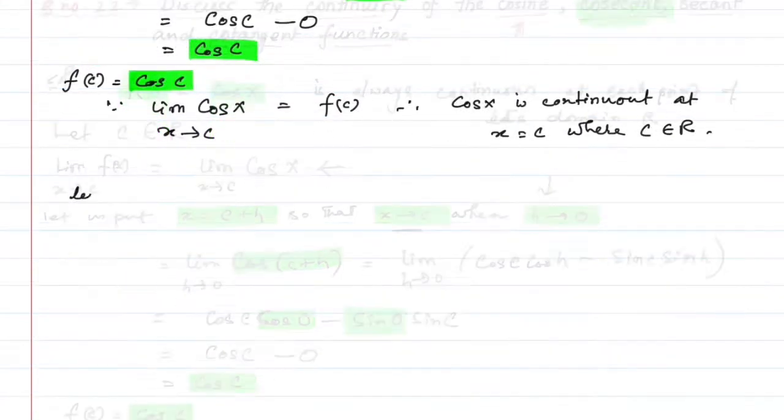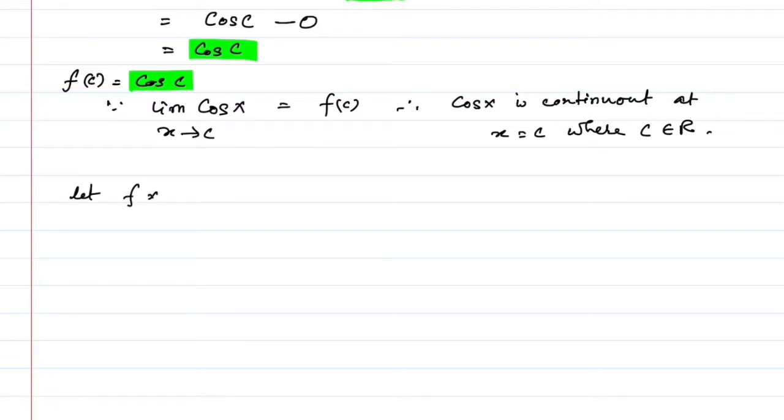Let me examine this. Now let us consider f of x is equal to cosec x. So, we know cosec x is equal to 1 by sin x. Here, as we have got the denominator as sin x, sin x cannot be equal to 0.